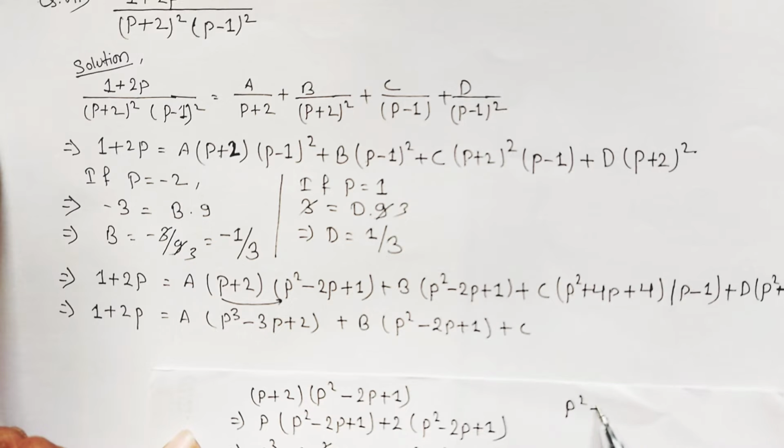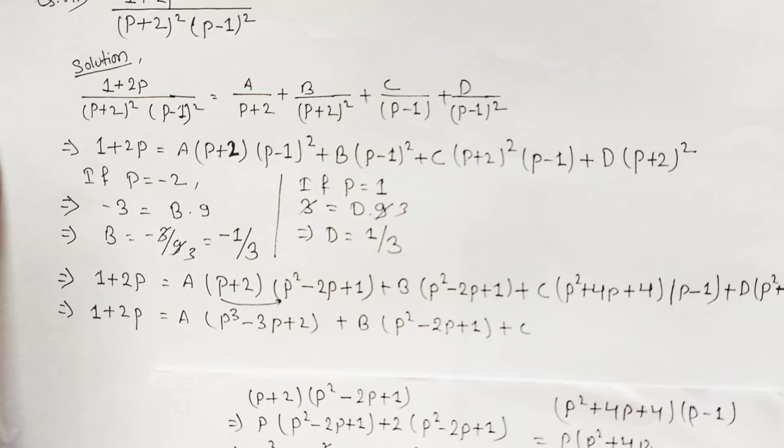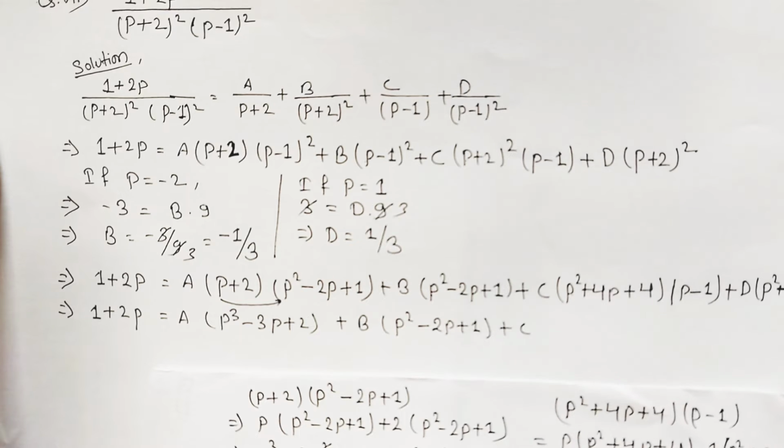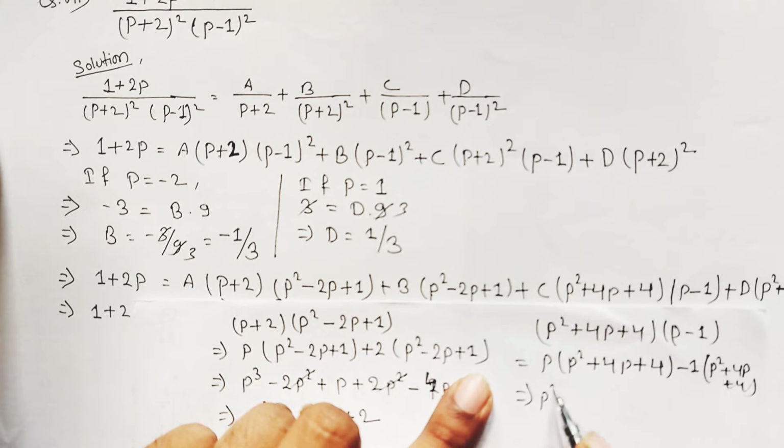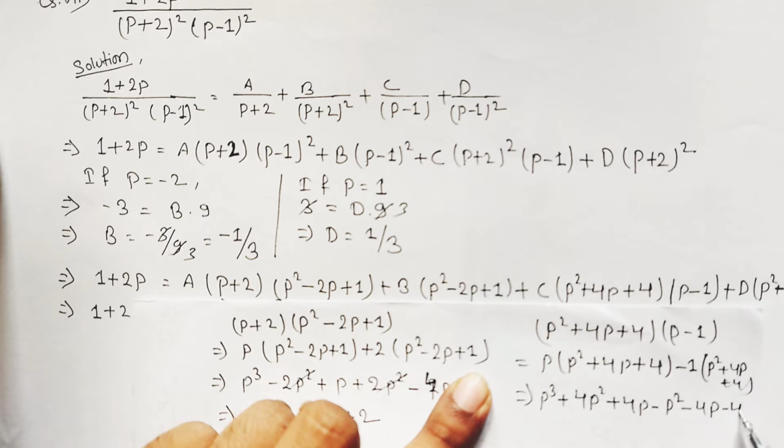Plus C times, we are going to multiply (p square plus 4p plus 4) with (p minus 1). So p times (p square plus 4p plus 4) minus 1 times (p square plus 4p plus 4). From here we will have p cubed plus 4p square plus 4p minus p square minus 4p minus 4.